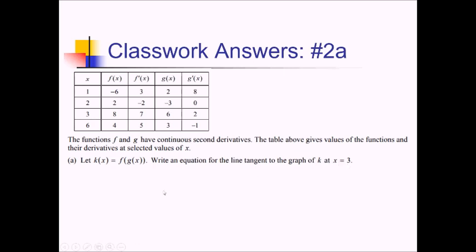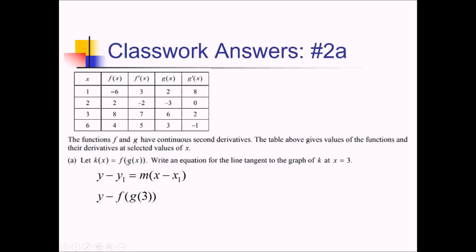So in general, we're going to use point slope here. y minus y1 equals m times x minus x1. You don't get anything for writing this in particular, but I like to have kind of a place to plug things into. So y1 in this case, since we're finding a tangent line for k, y1 is going to be f of g of 3, because that's the x value we're plugging in. m is going to be the derivative of k at x equals 3.